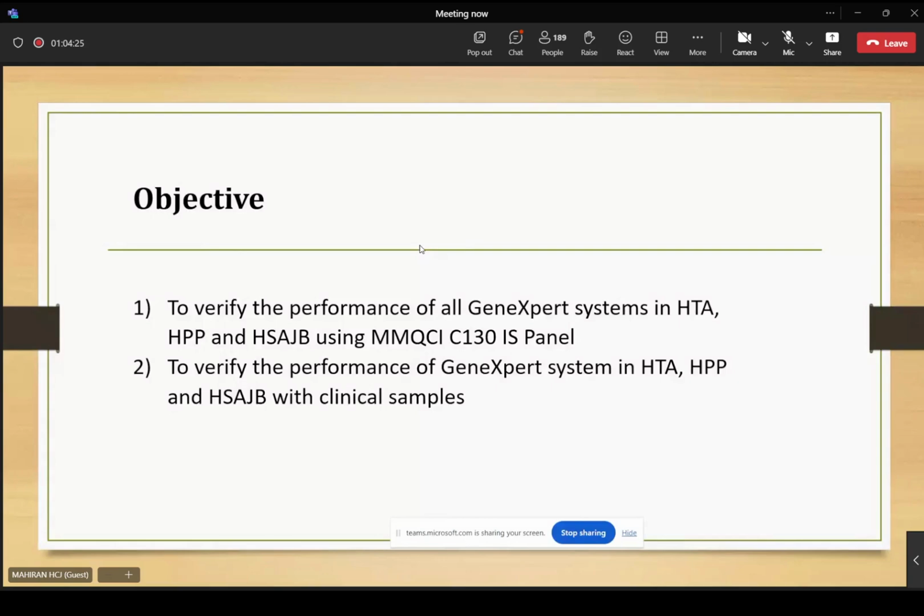So next, lot to lot verification yang dijalankan di HTA. Objektif adalah untuk verify performance of all Genexpert system in HTA, HPP dan JB using C130IS panel to verify the performance of Genexpert system in HTA, HPP and HSA-JB with clinical samples.